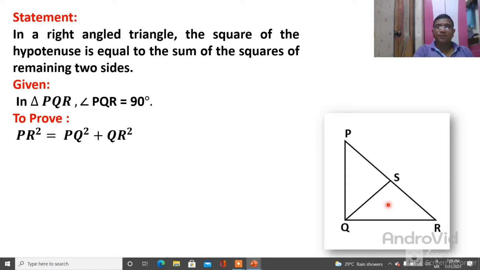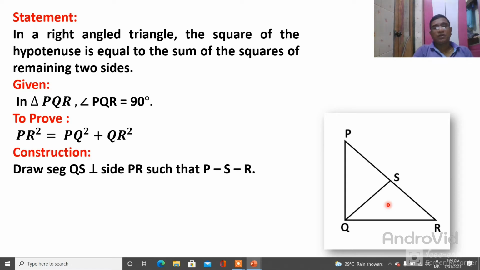Okay, so for that purpose we have to do the construction in such a way: QS perpendicular to PR, with the condition P-S-R. So here these three triangles become right angle triangles, and by the right angle triangle similarity theorem we can prove that they are similar triangles.